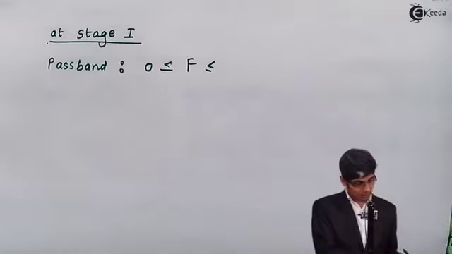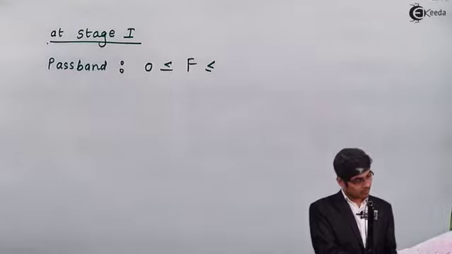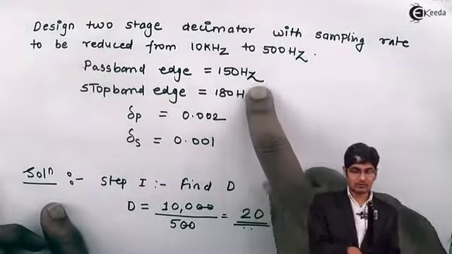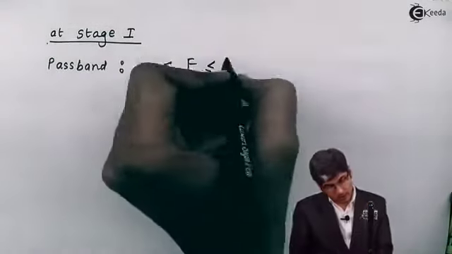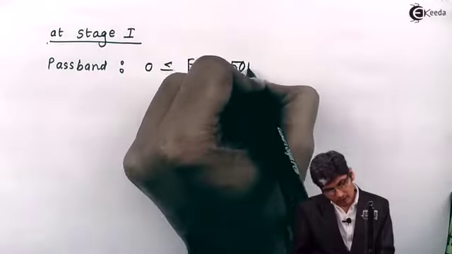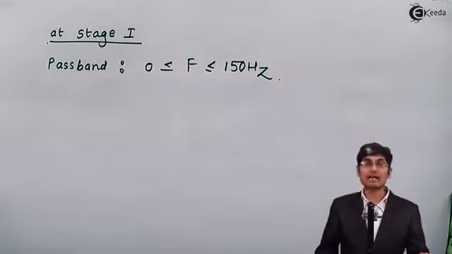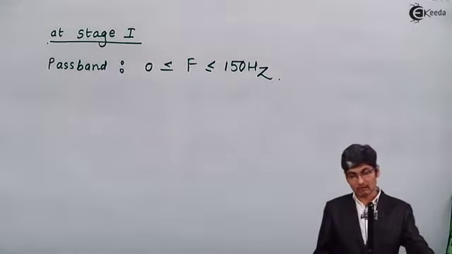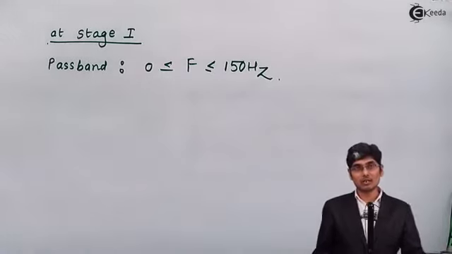Now we'll go to the given data of the problem to see what is given as Fpc. The given passband edge frequency is 150 hertz in the problem, so I'll be using 150 hertz. We are at stage number 1, designing the filter of stage number 1, right?